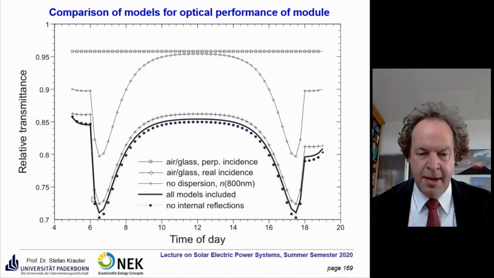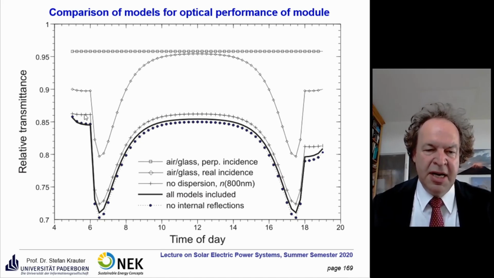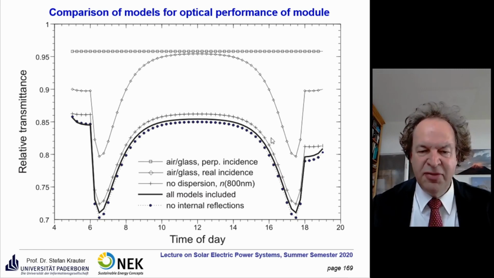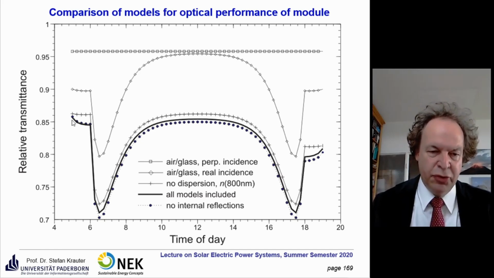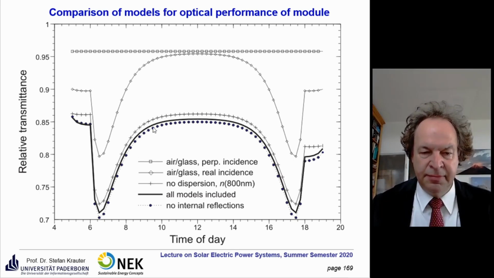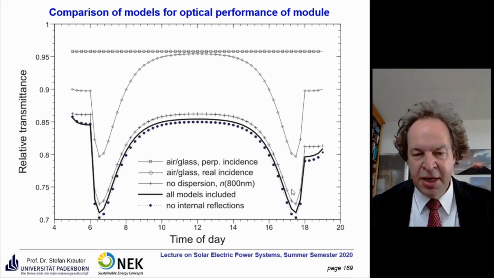And therefore also the transmittance, the optical performance, which you see here. So if you consider the three layers, then the optical performance is really a bit worse than predicted, very much far away from what you often find in literature. Reflection losses are only at 4%. And if you took all modules into consideration, you come to the bold line here.